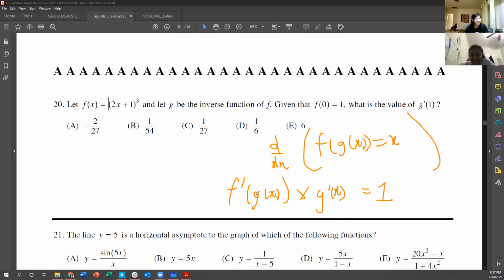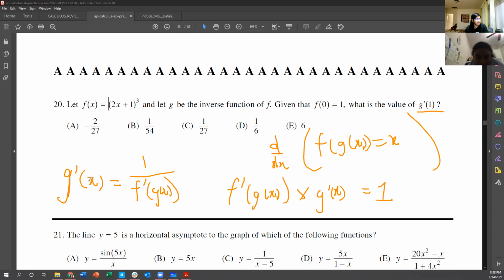Okay. So f prime of g of x times g prime of x equals 1. That means we need to find g prime of 1. So g prime of x equals 1 over f prime of g of x.